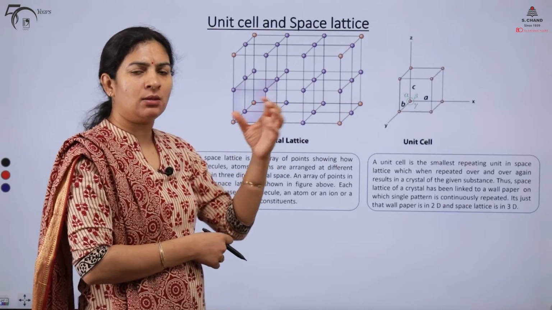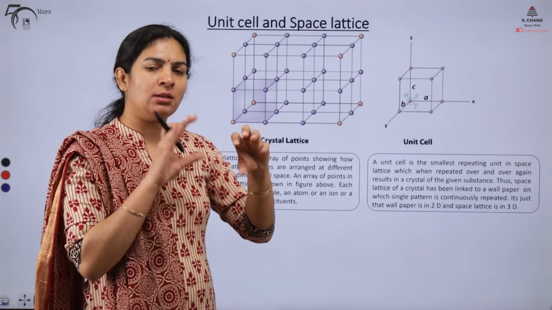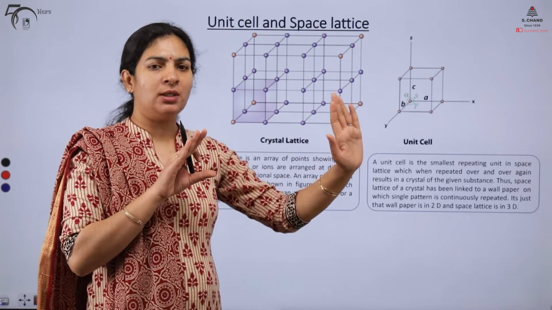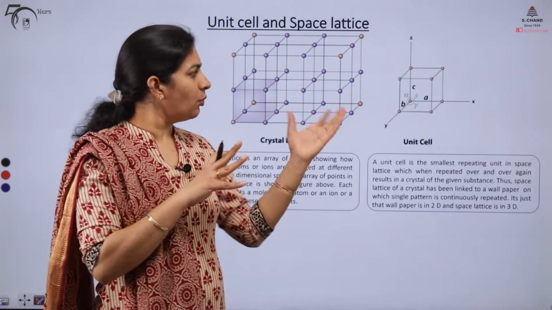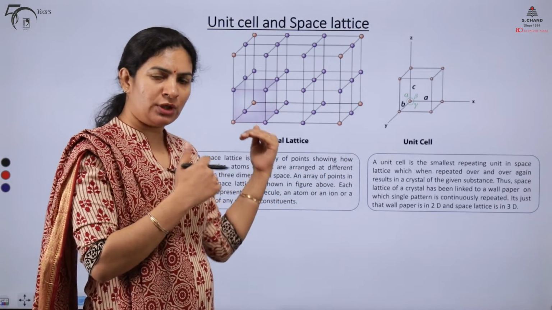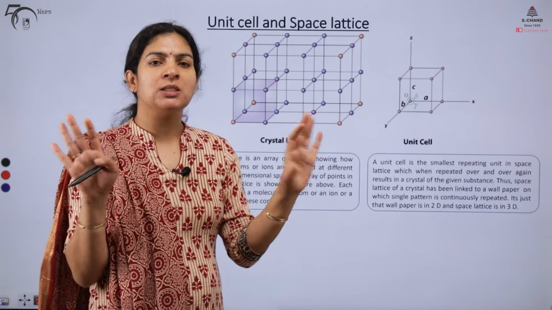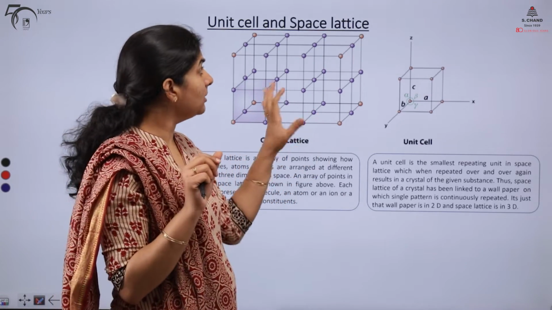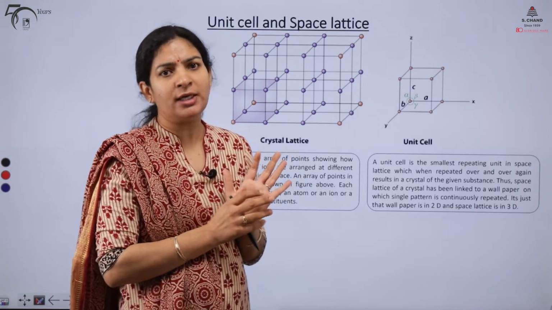You all must have seen a wallpaper, where a definite pattern gets repeated over the entire area. What is the difference between a wallpaper and this 3-dimensional crystal lattice is that the wallpaper is simply a 2-dimensional thing, and the space lattice which we are talking about is a 3-dimensional thing.